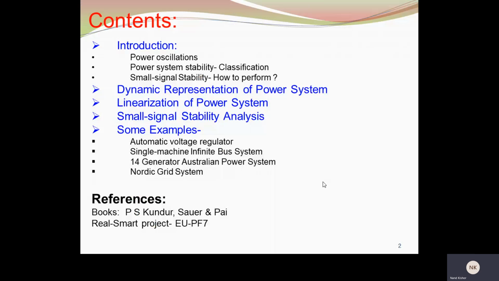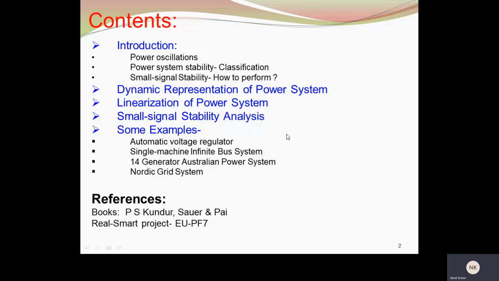And next, we have the topics on how we can have the dynamic representation of the power system, how we can linearize them, and then a more detailed study on small signal stability analysis.